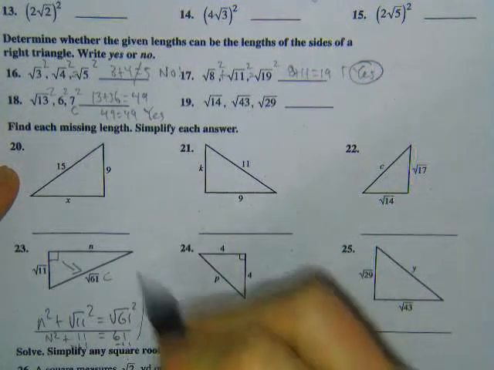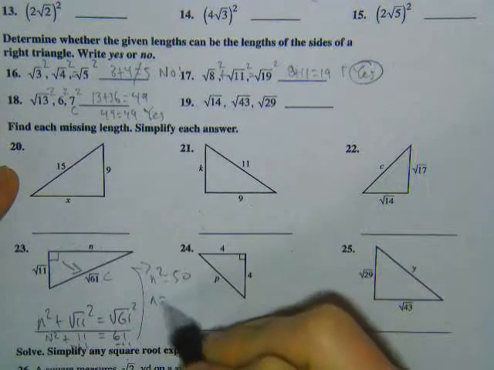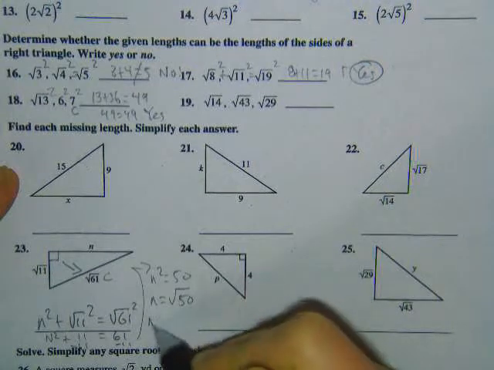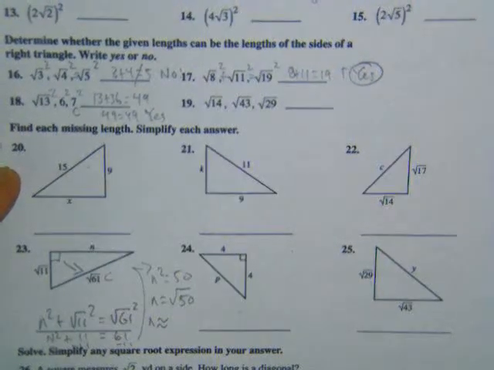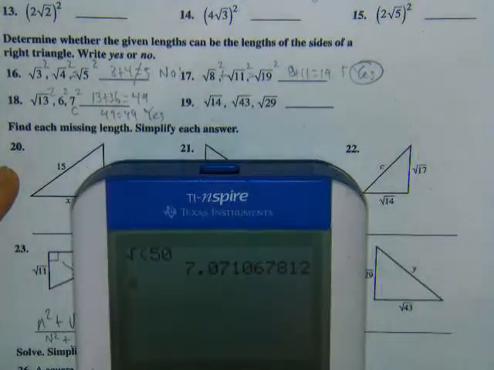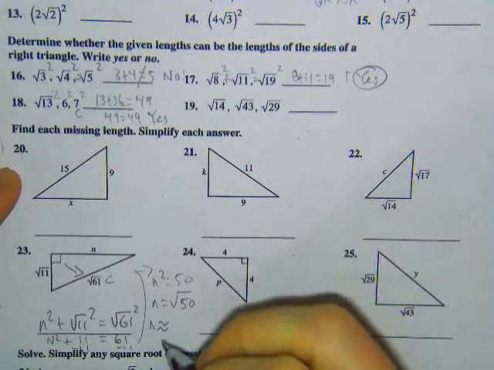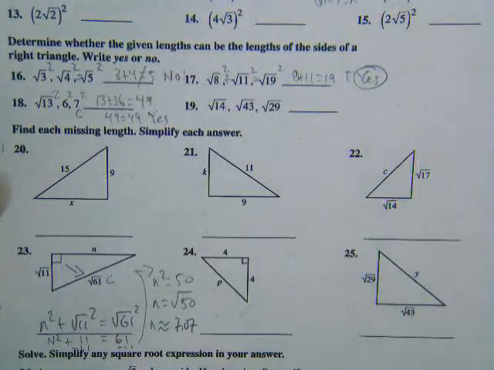N squared equals 50. N is the square root of 50. So n is approximately 7.07.